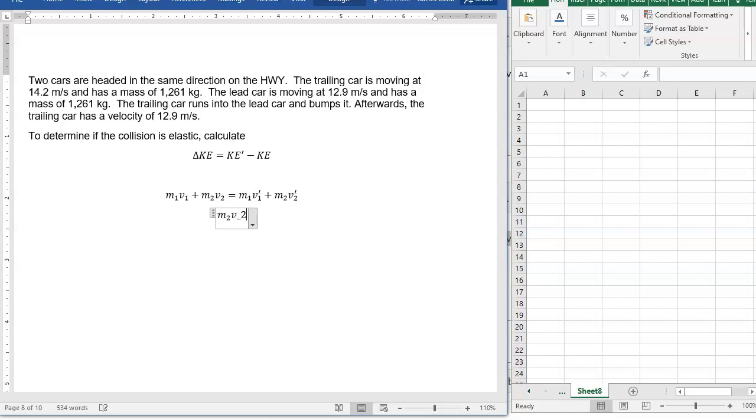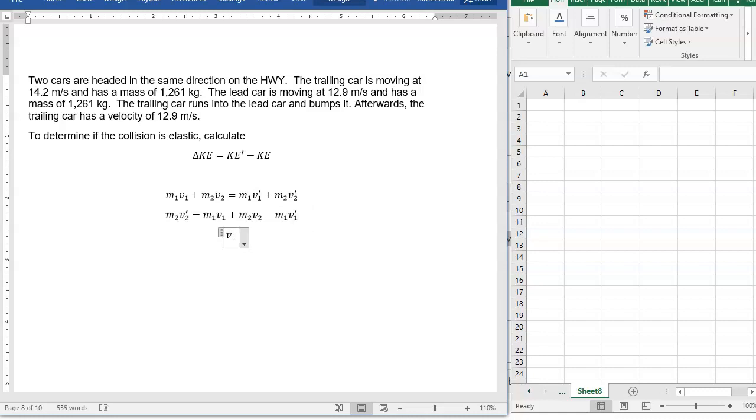So if we solve for v2 prime, minus m1 v1 prime. All right, so now we have almost solved for v2 prime.